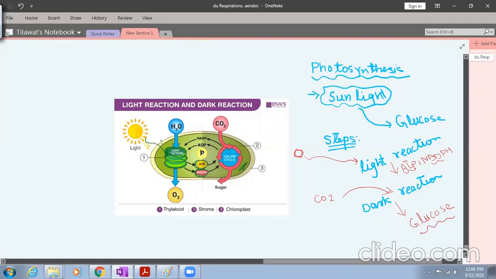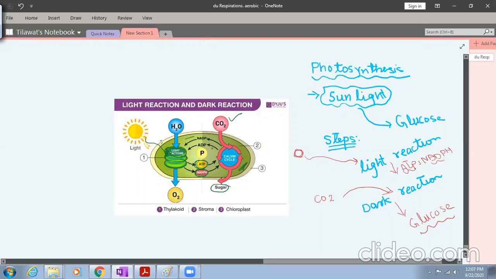This region is stroma, the place where grana are present. So this ATP and NADPH will be utilized within the Calvin cycle, also called dark reaction of photosynthesis, for the fixation of carbon dioxide. And this carbon dioxide will convert into sugar. Am I clear?